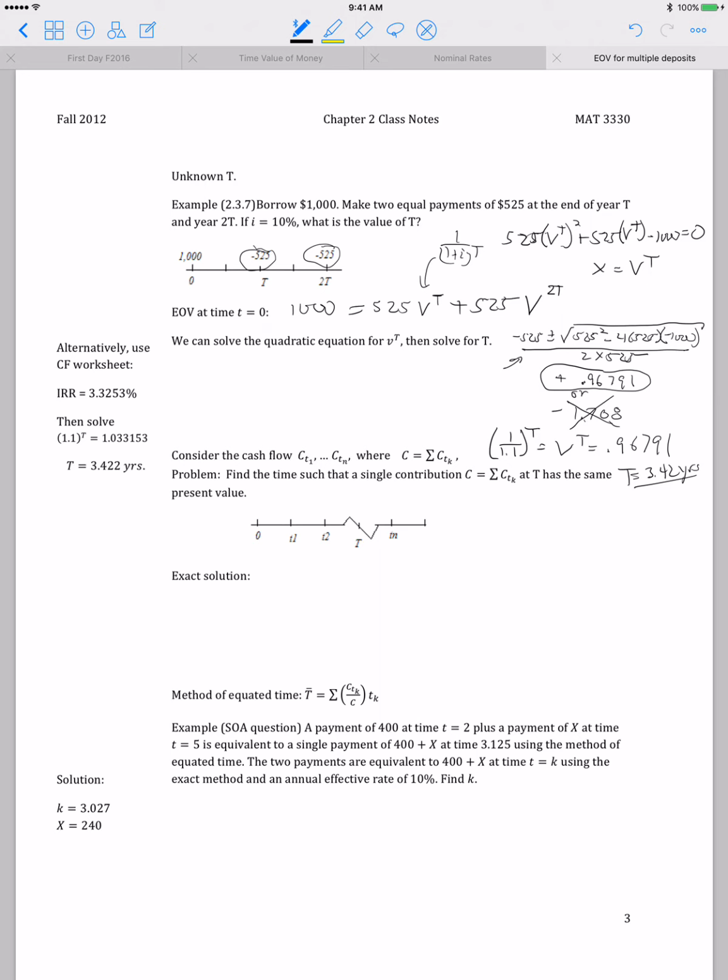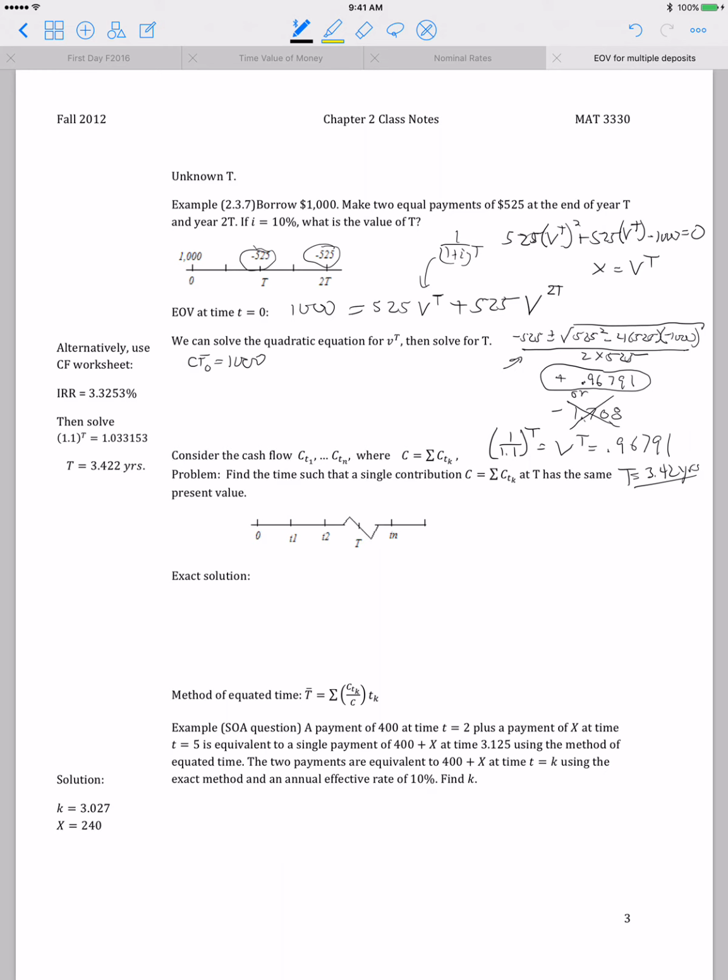You can also use your cash flow worksheet. It's possibly a little quicker. If you would put your cash flows in, then let's see, at time 0 you have a cash flow of 1,000. So from the standpoint of maybe viewing, you could put negative 1,000.